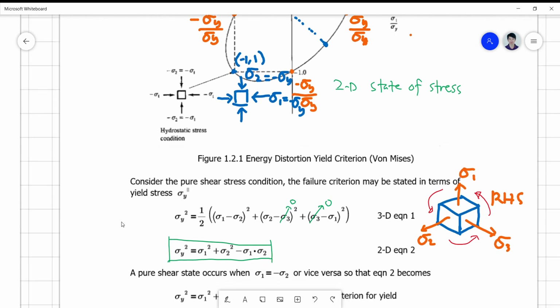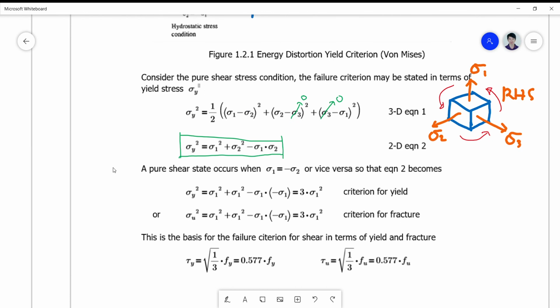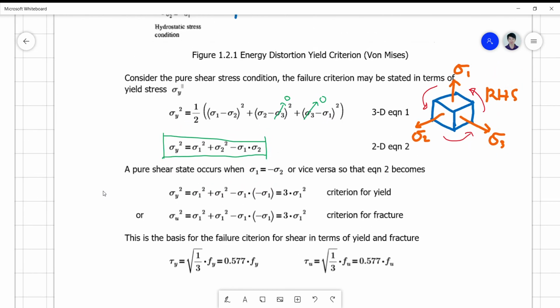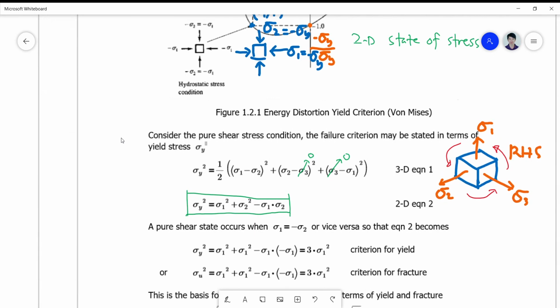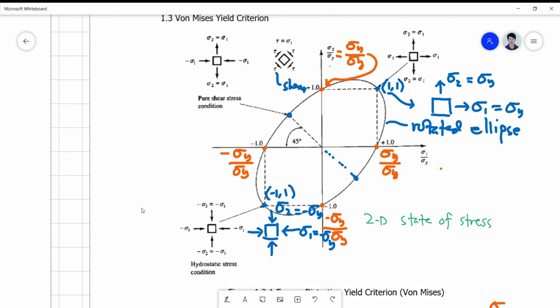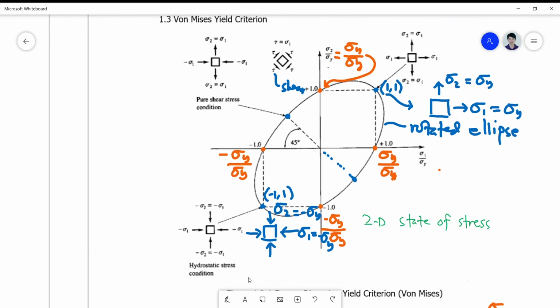Upon which a pure shear state may occur when sigma 1 is equivalent to the negative of sigma 2. So this is now a point wherein sigma 1 is the negative of sigma 2 here.